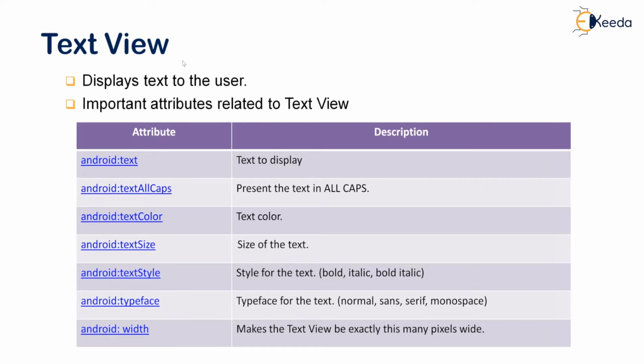Text view is a view which displays a text to the user in the user interface or application's UI.